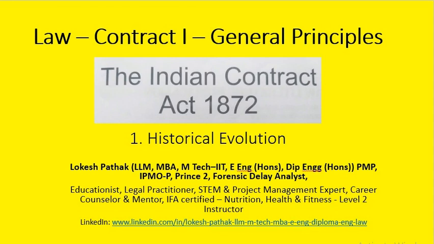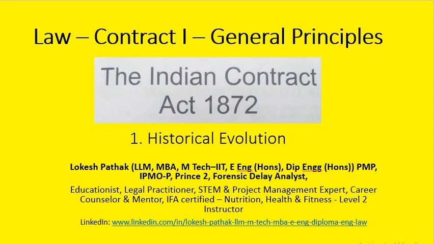Coming to the Hindu system, it is a prime basis of Indian law. So the contracts were governed with the stipulations mentioned in Manusmriti, Shrutis, Vedas, Kautilya's Arthashastra, Atharveda, etc.